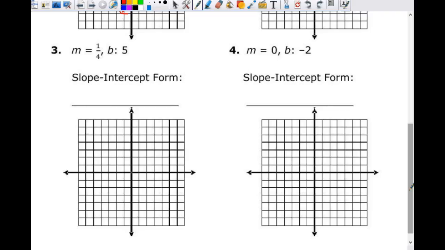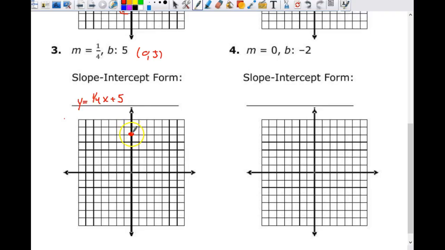Okay. y equals 1/4 x plus 5. Now we need to graph it. This is at 0, 5. 0, 1, 2, 3, 4, 5.